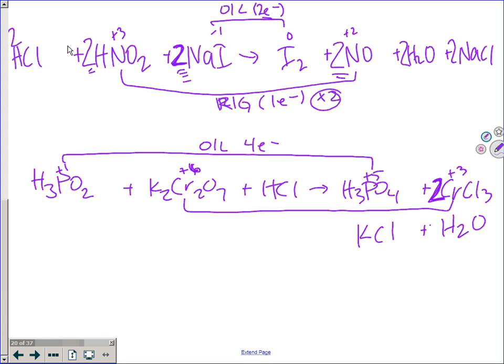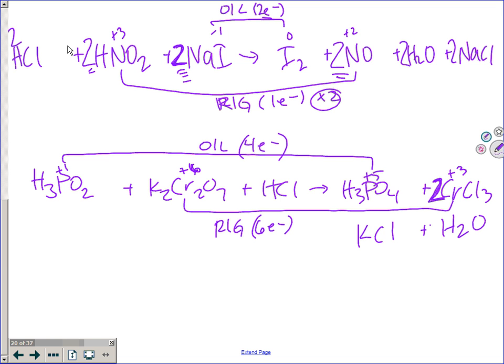So the chromium overall exchange in electrons is what? Total overall chromium. 6, right? So 1 chromium went from 6+ to 3+, that's 3 electrons, and another one did the same thing, with 6 electrons. So we have a reduction of overall 6 electrons exchanged, and then I have 4 up here.